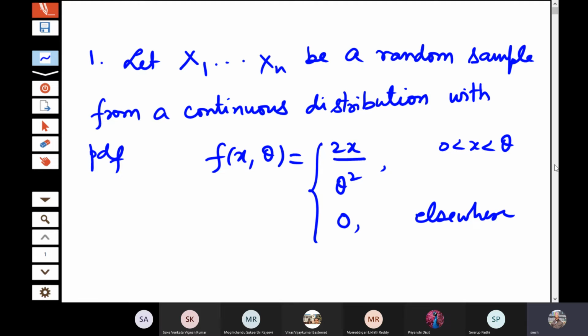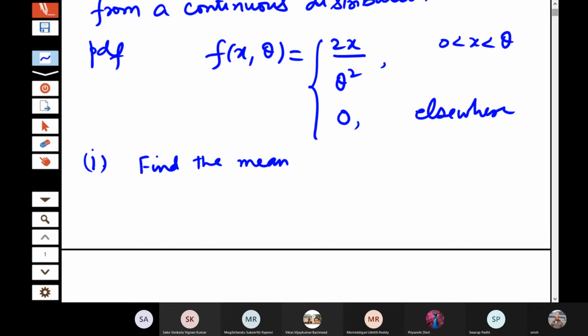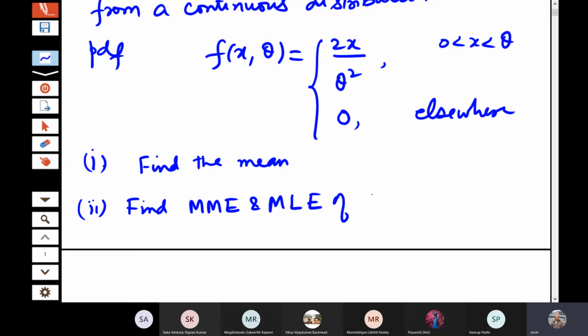Let me pose the problems here. Find the method of moments estimator and the maximum likelihood estimator of theta.